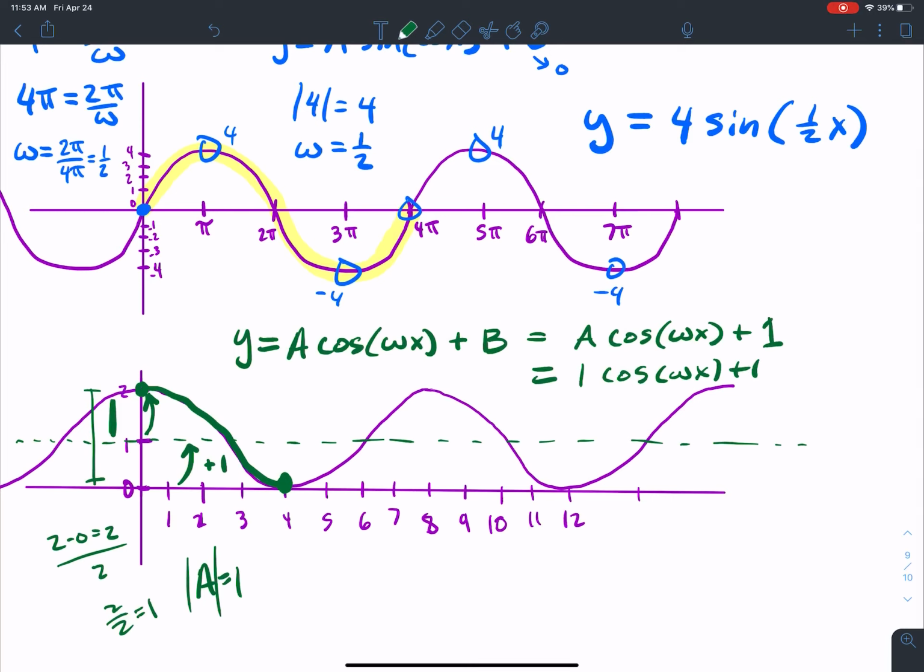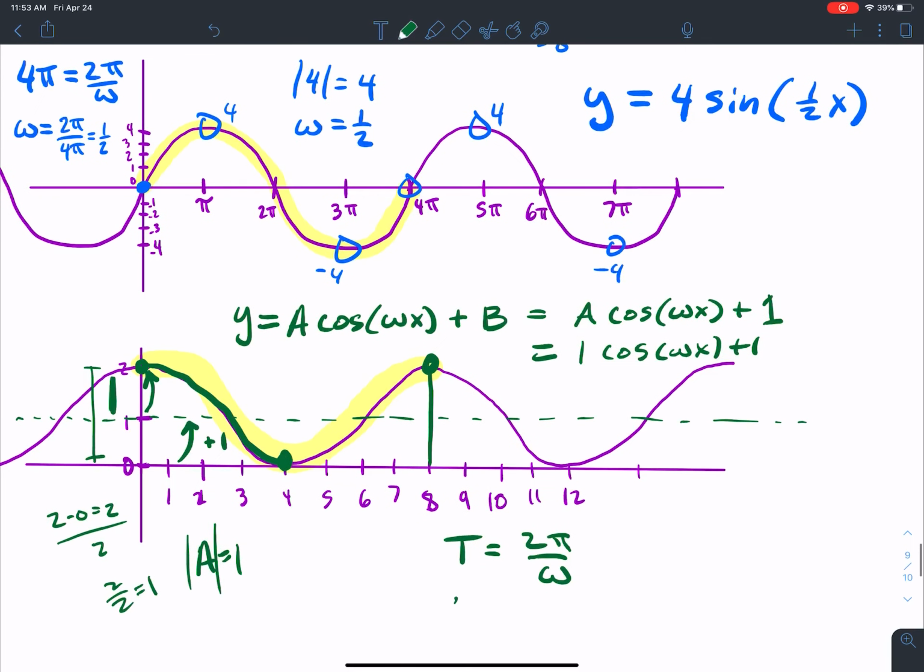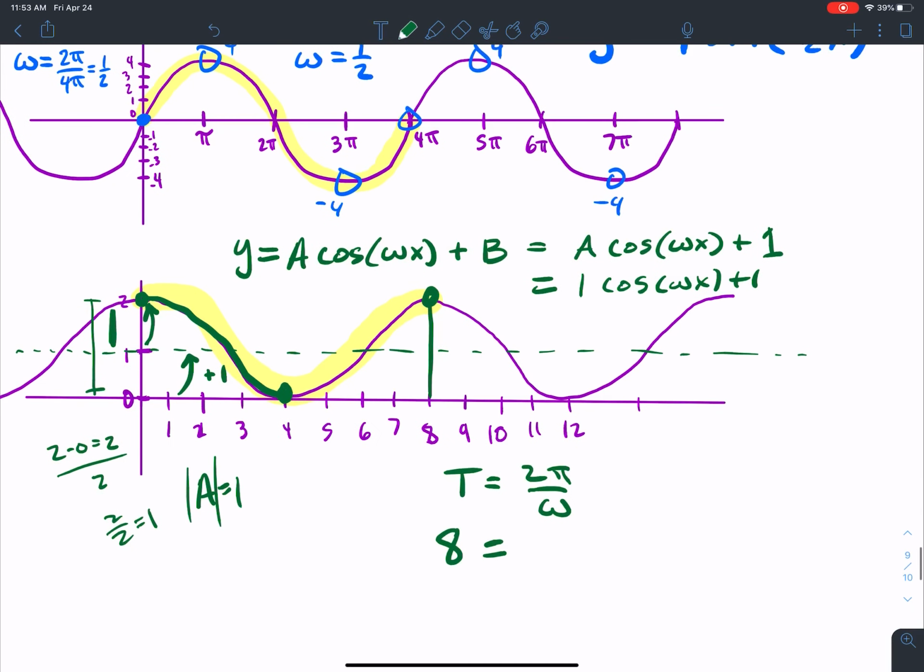Now, how long does it take me to cycle through? To go through the whole cycle, it looks like it's going to take 8. So T equals 2 pi over omega, but the T here is 8. So what does that tell me? If I multiply through, I get omega times 8 equals 2 pi.